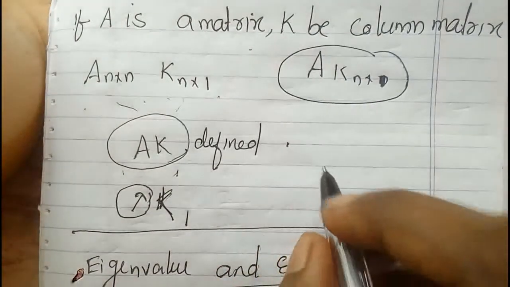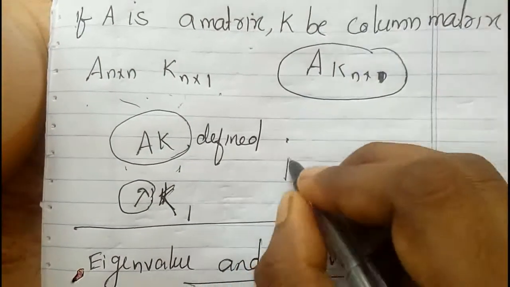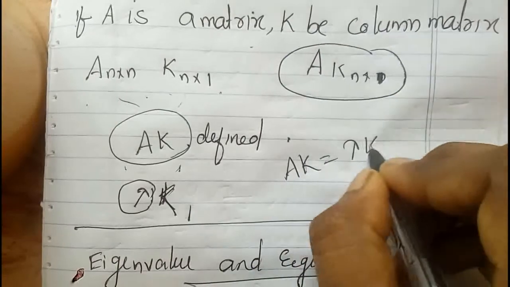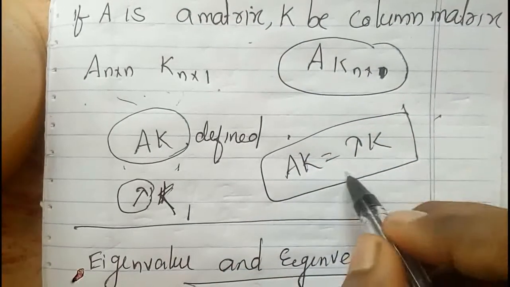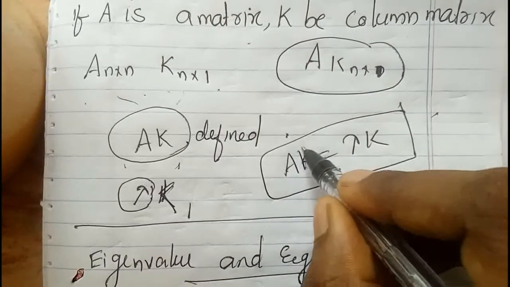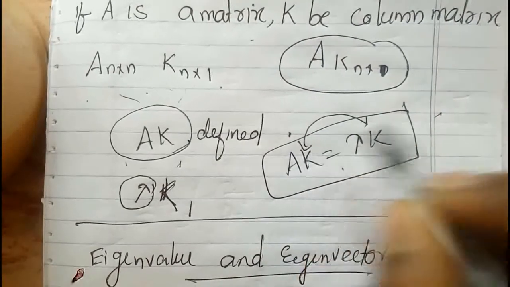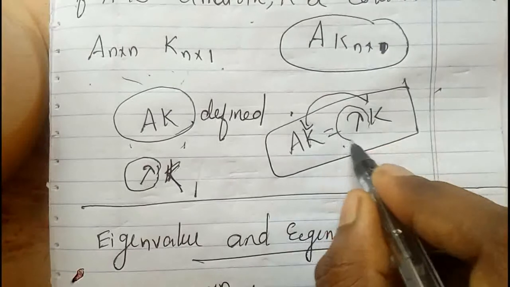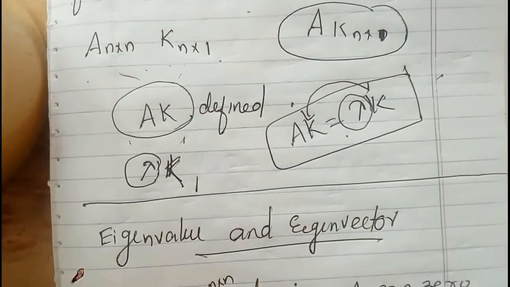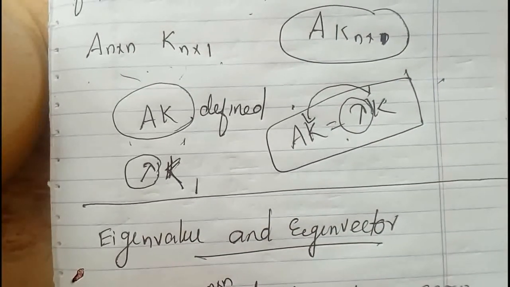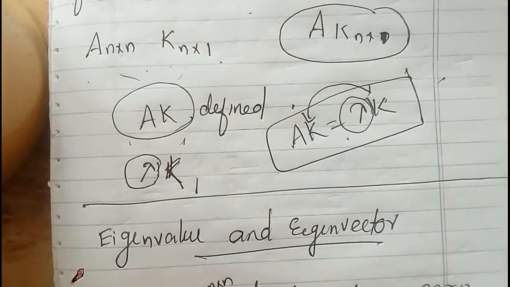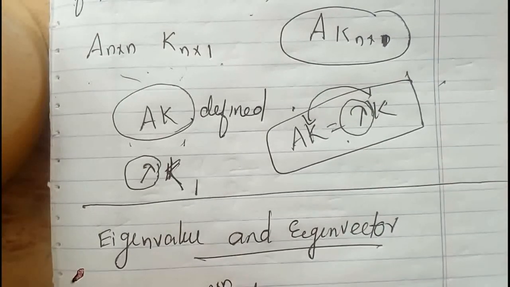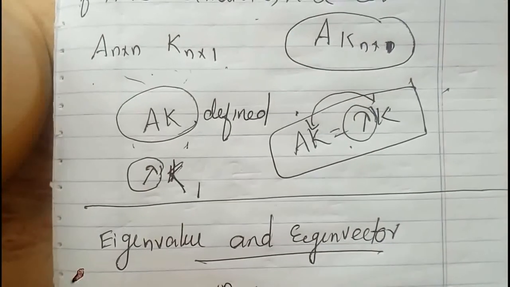So we said AK equals lambda K. So we got this equation. Next we need to find what K is. That K is the eigenvector and the corresponding scalar is called the eigenvalue.